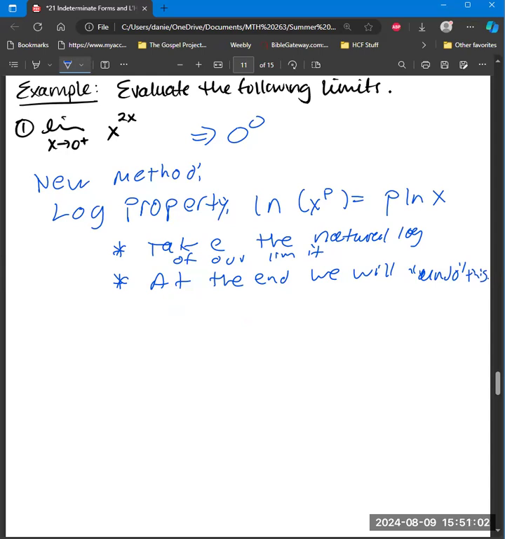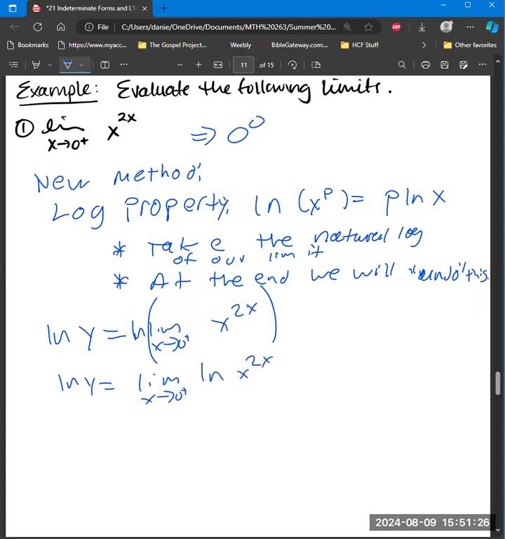So right now we're going to have y equals this limit. We're going to take the ln of both sides. And when we do that, ln of y is going to be the limit symbol can pass through this. The ln can come on the inside. It's mathemagical. It's just a particular type of function that is allowed to do that.